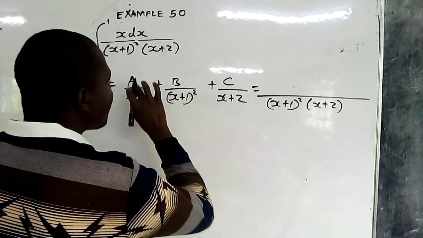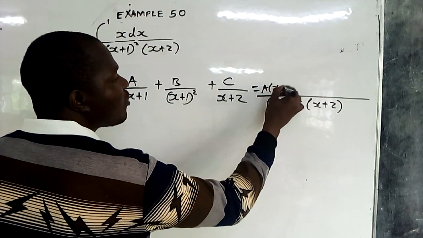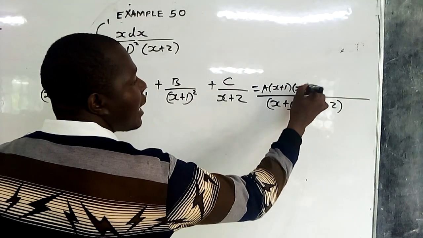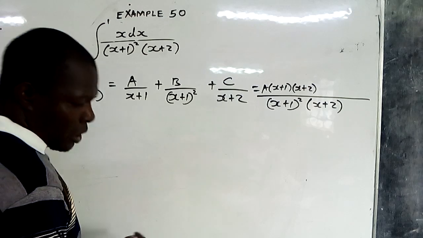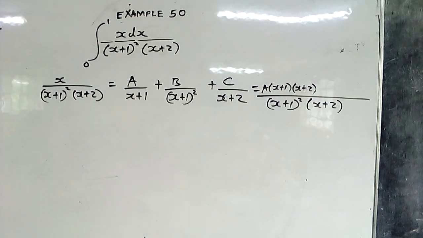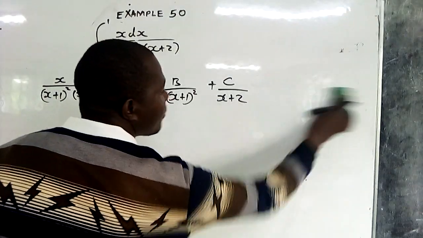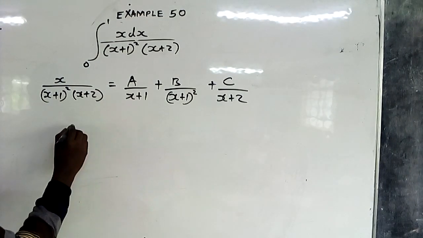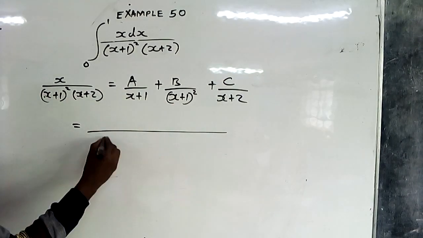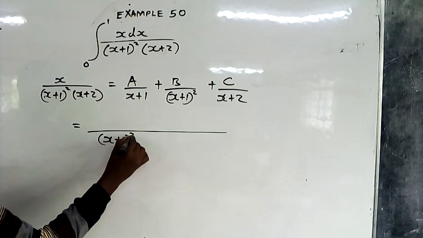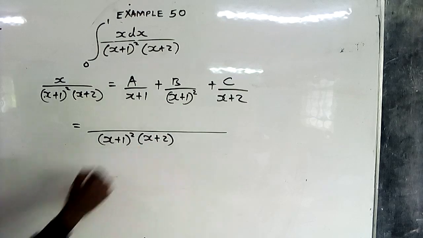We have A in the numerator, so we have A into (x plus 1)(x plus 2). All that space is not enough, so we can put it down here. The LCM is (x plus 1) squared and (x plus 2).